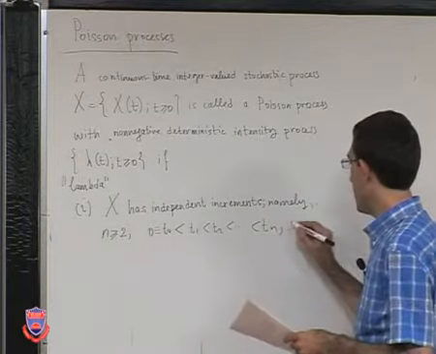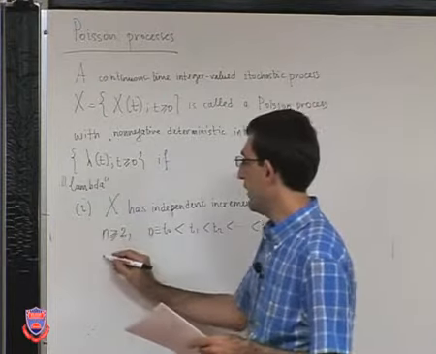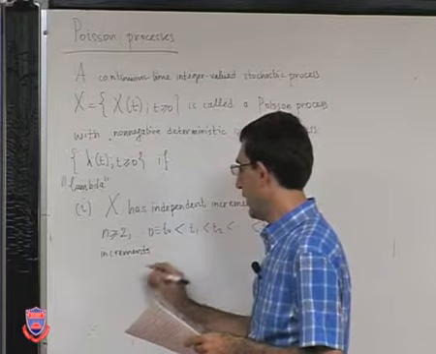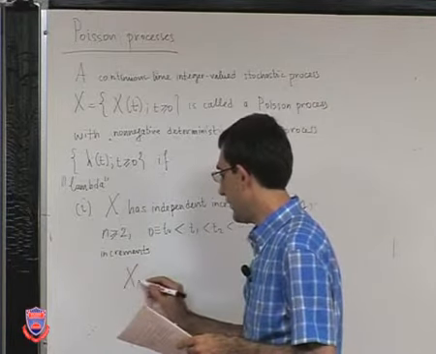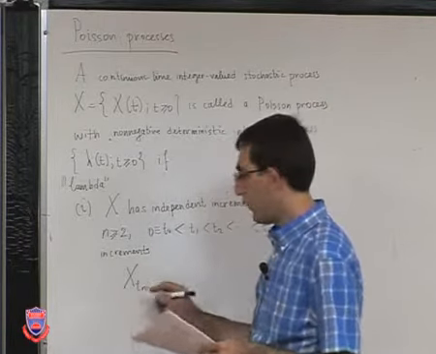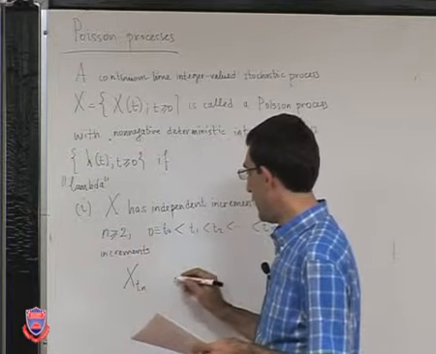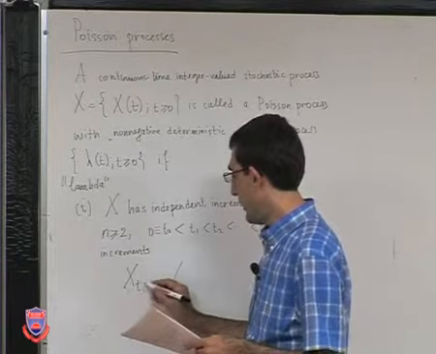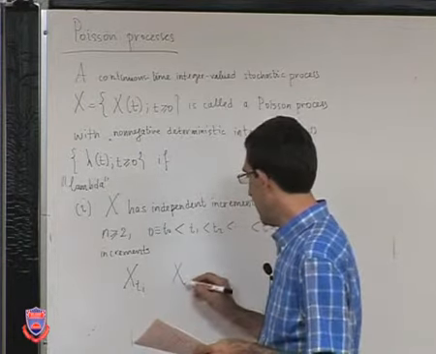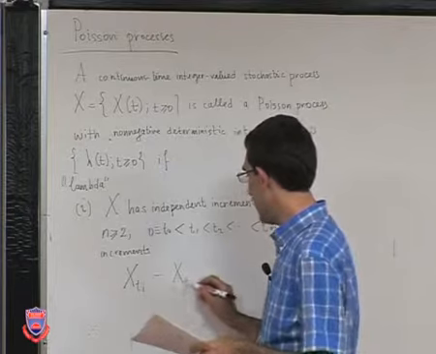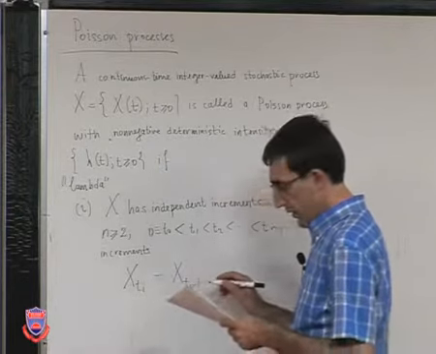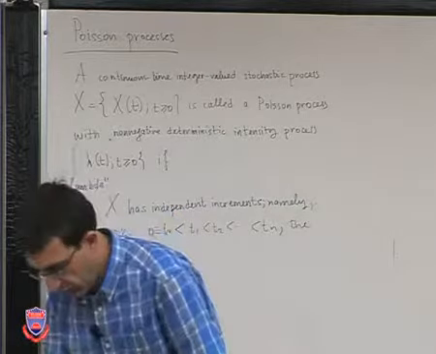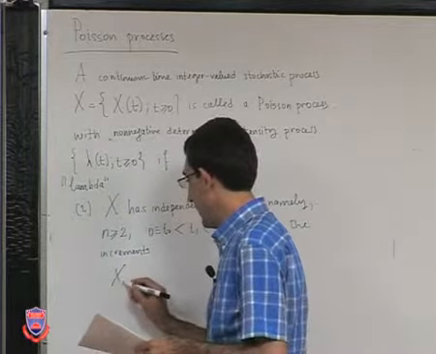The increments of the process X, which are the change in the value of the process from time t_{n-1} to t_n. Or maybe I should just write them one by one so that I can discuss them in detail.